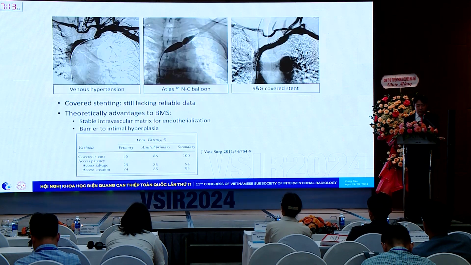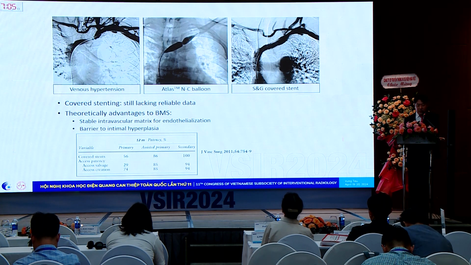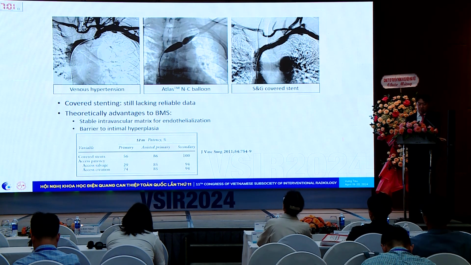We can also improve the patency of these stents by using covered stents. This is actually a Korean covered stent, but due to the availability of such large covered stents, I think there's a limit to how much we can use in different regions.